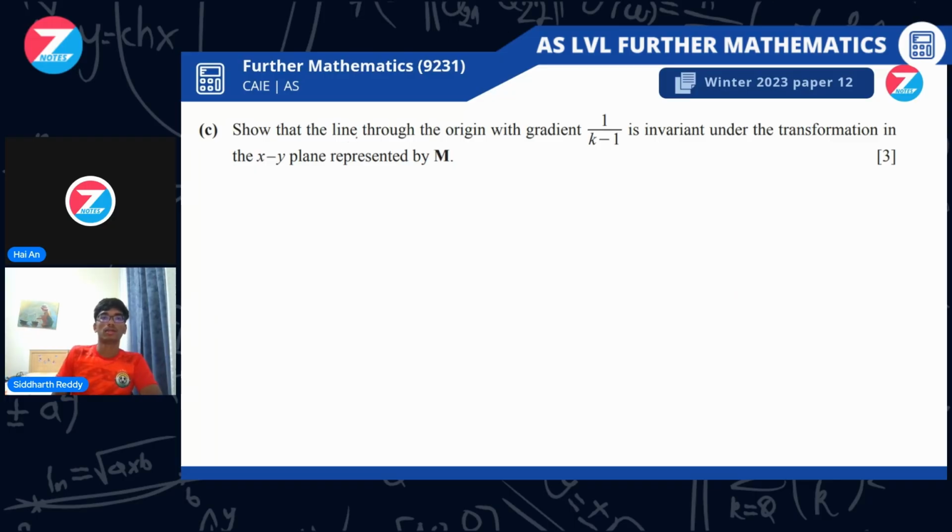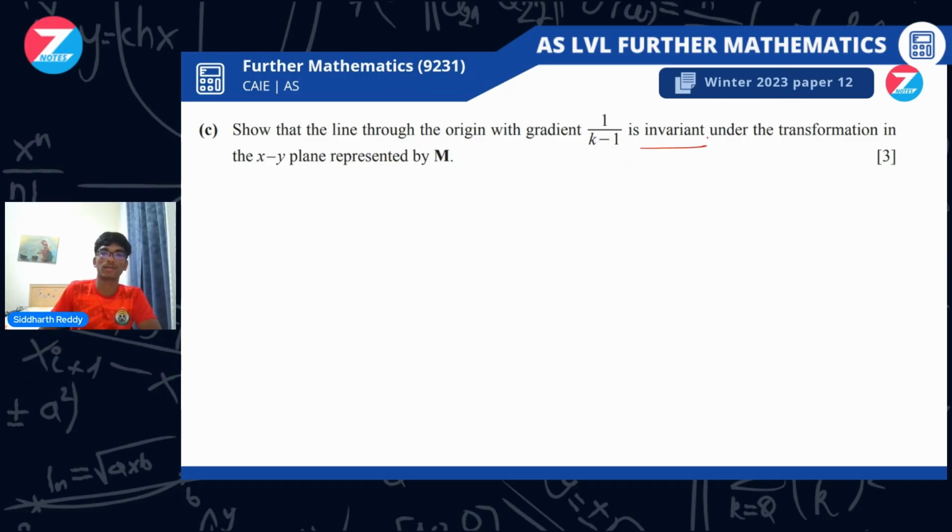So we're on the next part. Show that the line through the origin with gradient 1 by k minus 1 is invariant under the transformation in the xy plane represented by M. For a line to be invariant means that basically all the points on the line stay on the line even after the transformation is applied. So we've got the matrix M, which is just k, 0, 1, 1.